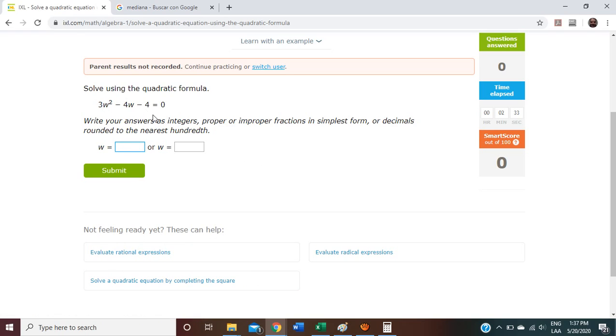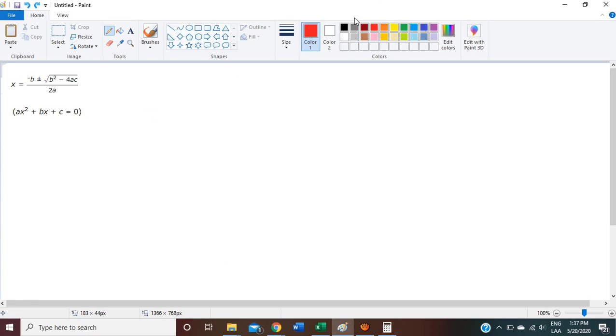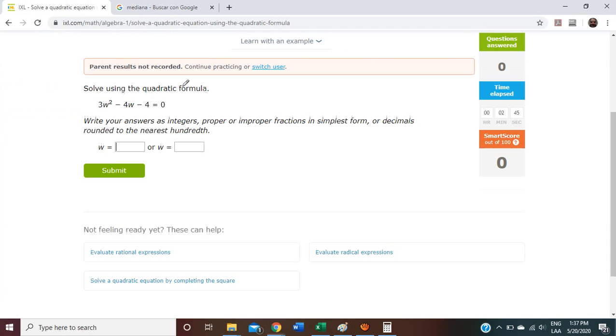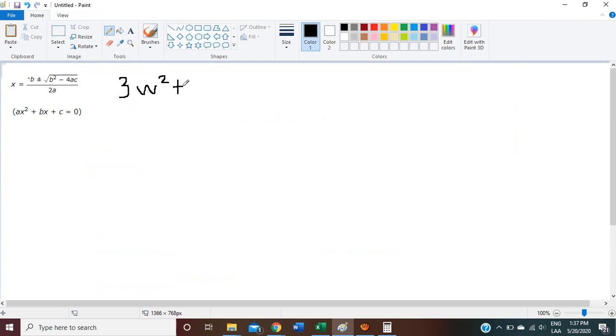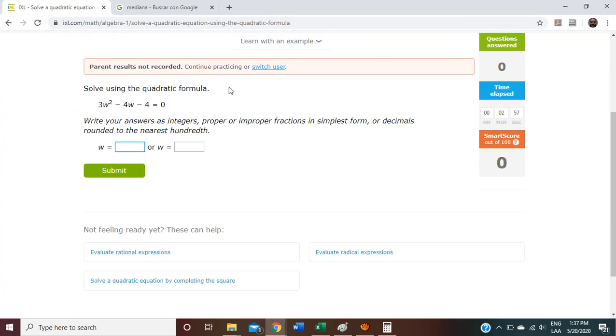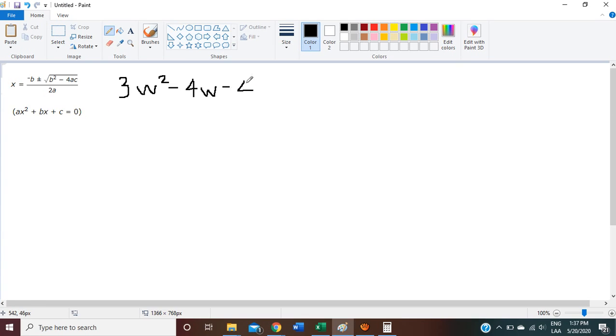Having said that, let's go back to our IXL page and copy the equation we have here: 3w squared minus 4w minus 4 equals 0.